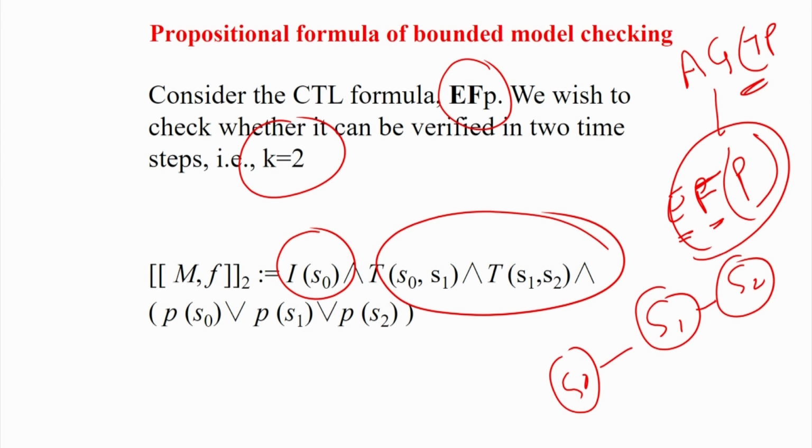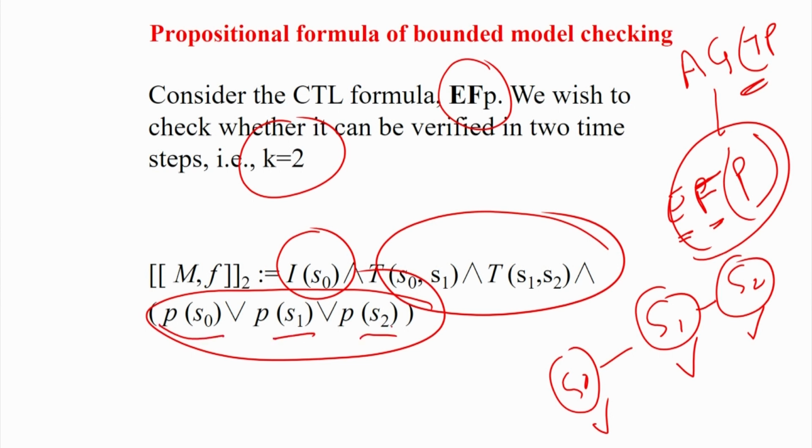But now if you see P S0, P S1 and P S2, basically I am trying to find out that some property P can hold either in S0 or in S1 or in S2, because in future, if it holds in any state, your job is done. So that is what I am trying to find out: whether P holds in this state or this state or this state.